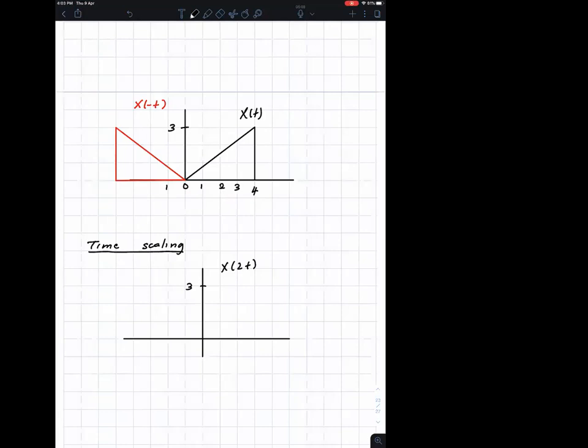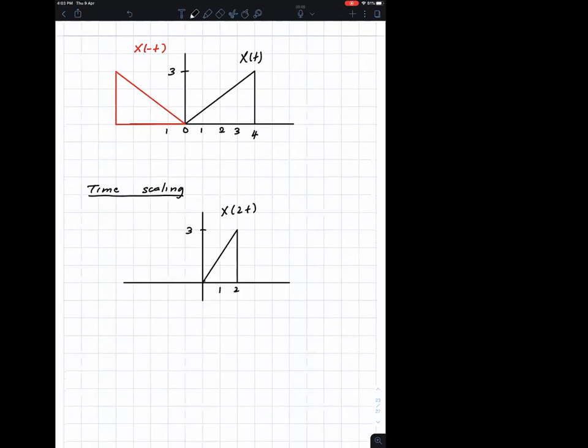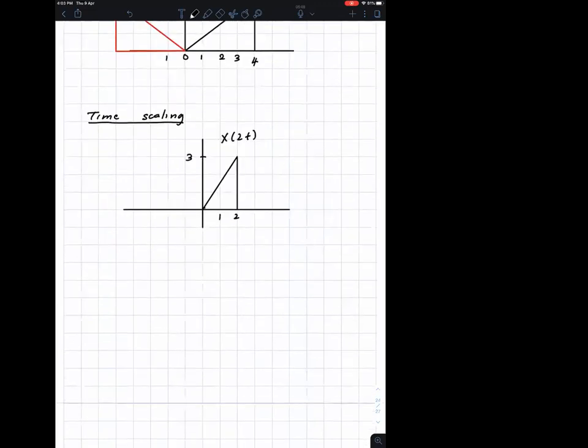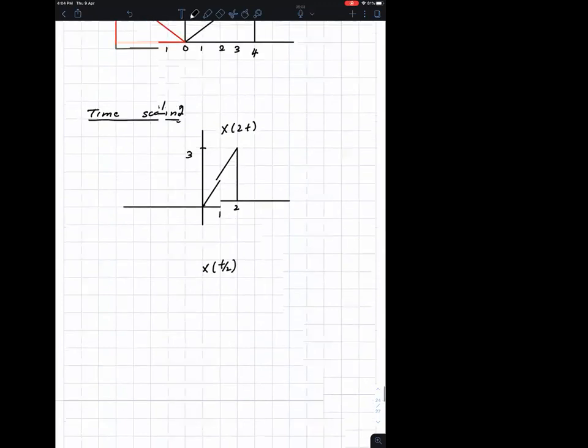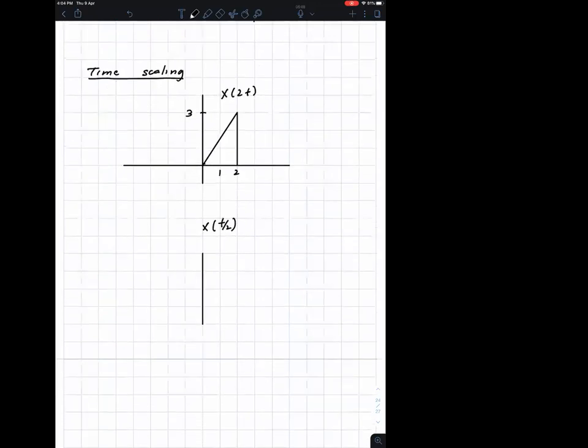So time scaling. That's time scaling when it's x of 2t. Now x of t over 2 is going to widen the time span, like 4, right?